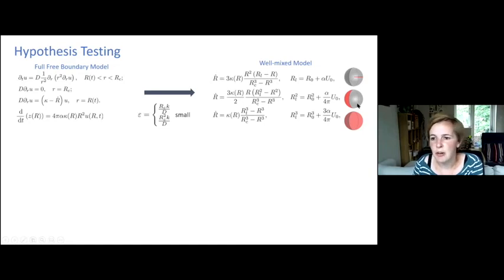So for each of our hypotheses, we just have one nonlinear ODE. That's much, much simpler than having a coupled PDE with a free boundary coupled to a nonlinear ODE. Now we only have one nonlinear ODE that we can analyze relatively straightforwardly or simulate very quickly. Okay?